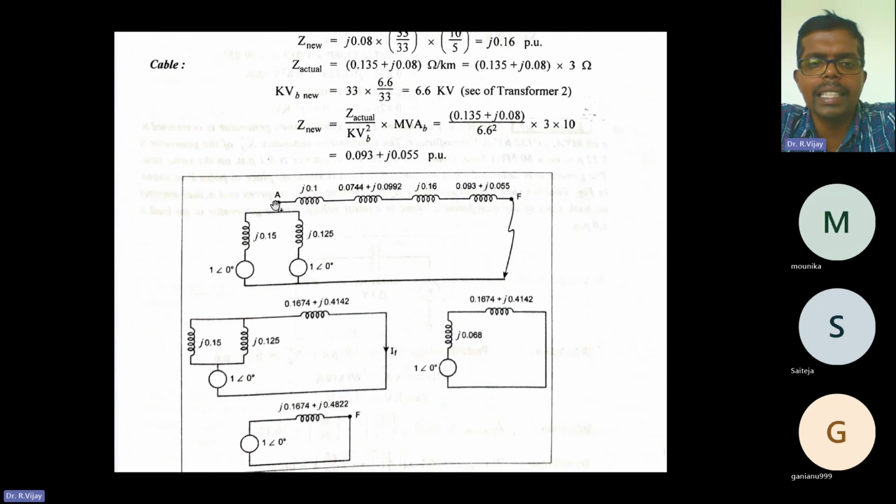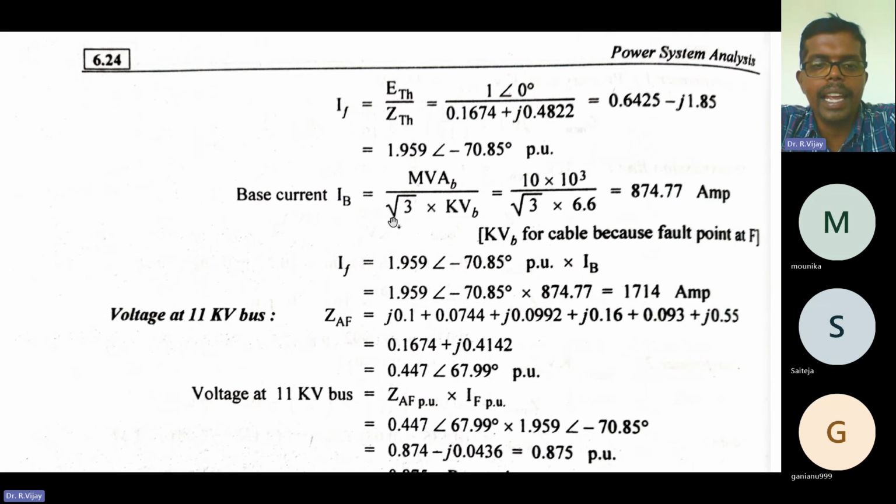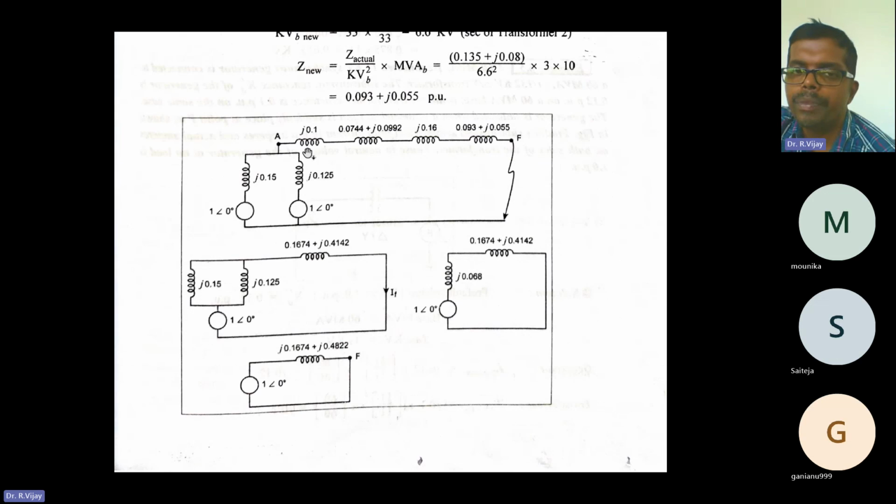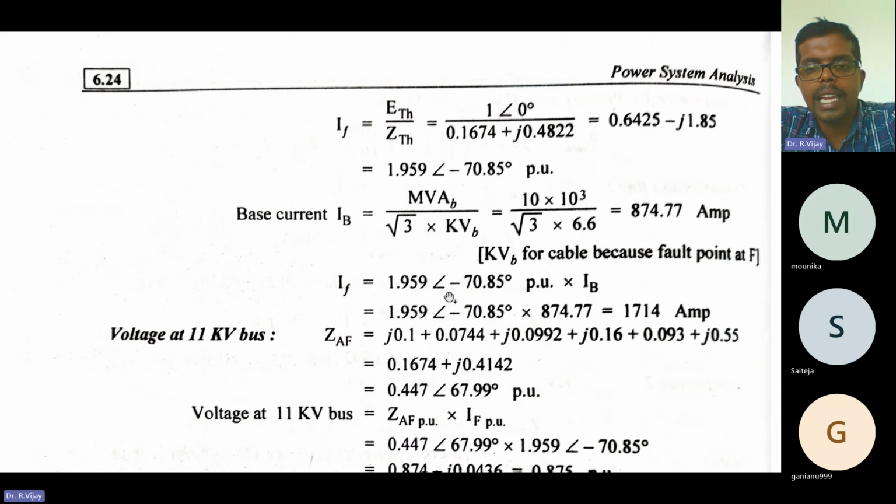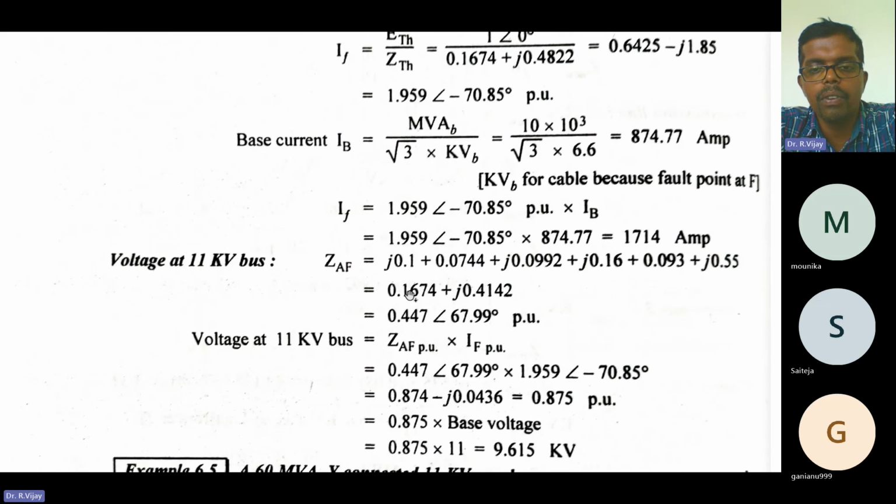Here we are taking this particular node as A and the fault happens at F. So ZAF is nothing but all these impedances that we need to simplify and make into one. Here we already did it, and the same answer, 0.1674, we are keeping here also. Further, voltage at the 11 kilovolt bus is ZAF per unit into IF per unit.